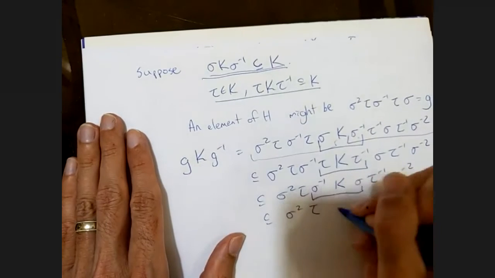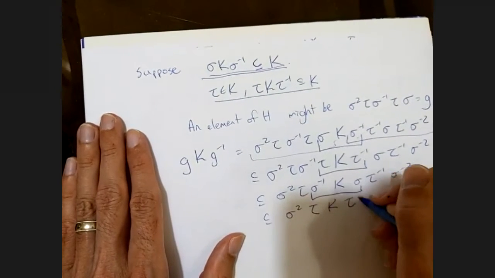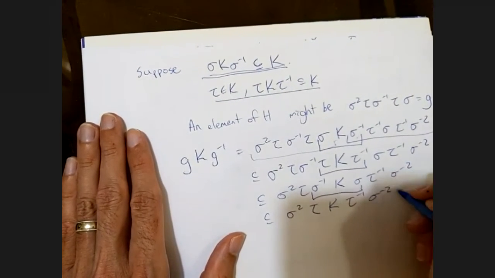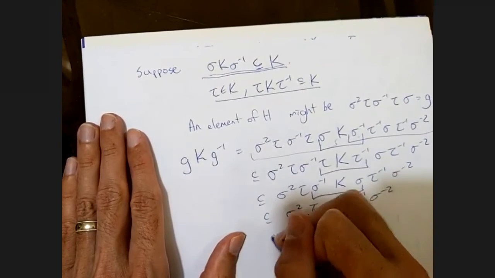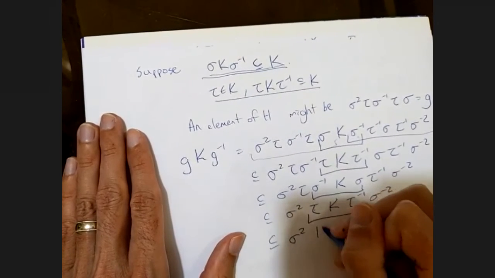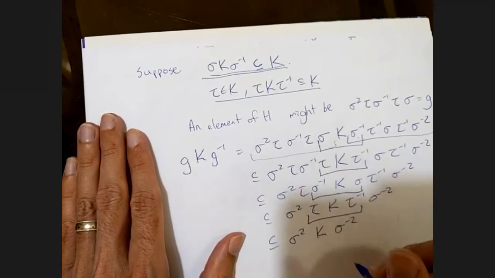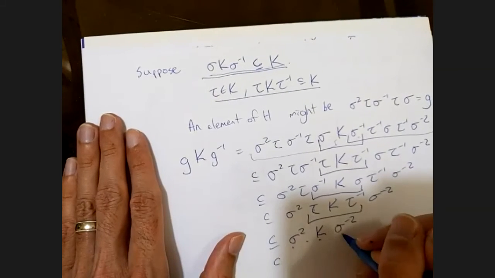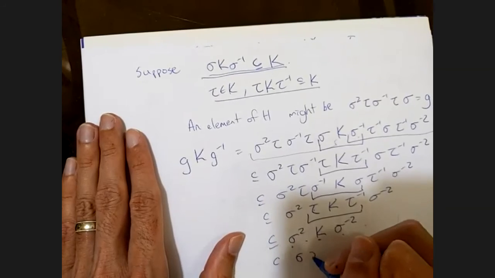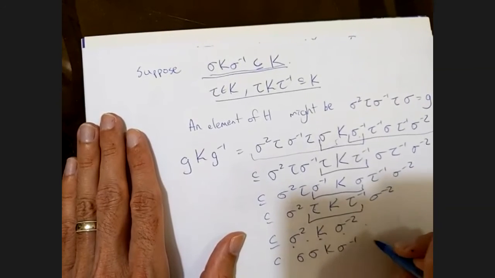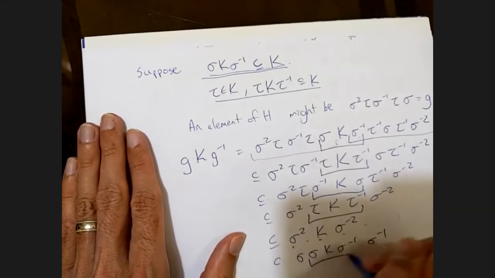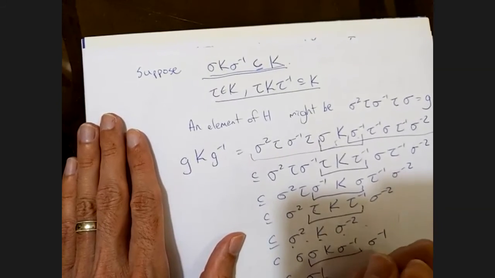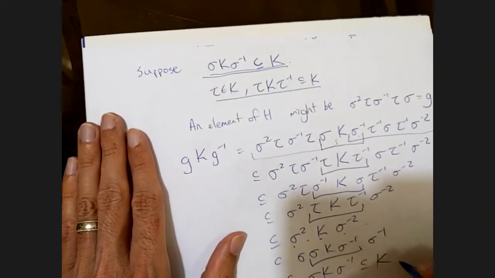You can see how everything just collapses. This is just sigma sigma K sigma inverse sigma inverse, so this is K, which is K, okay?